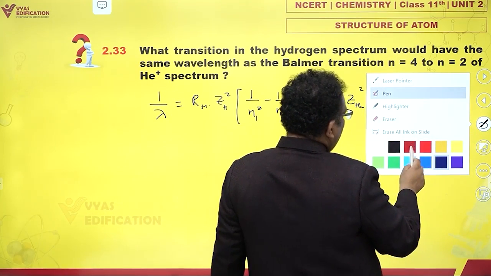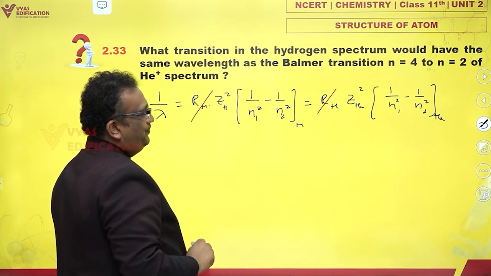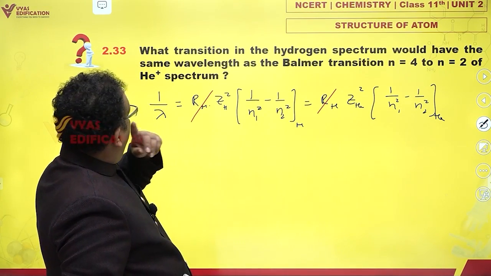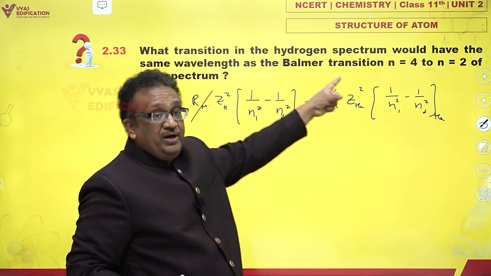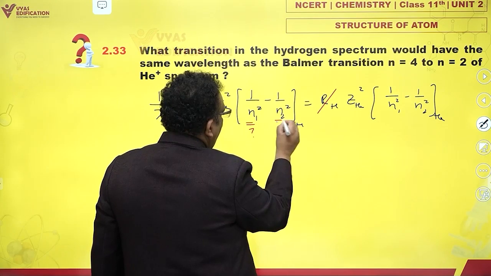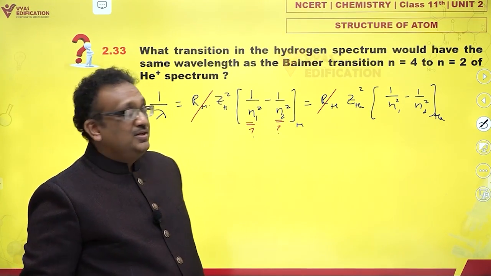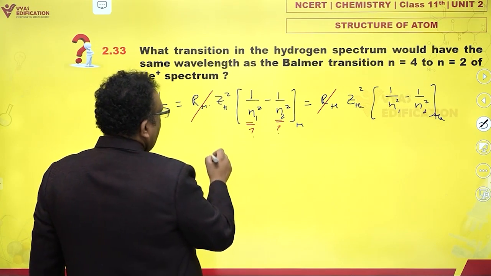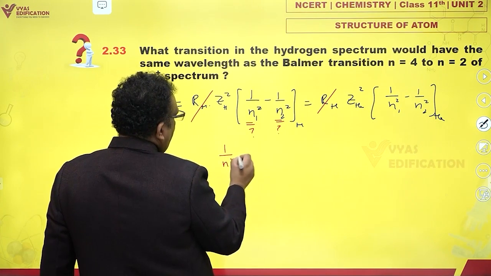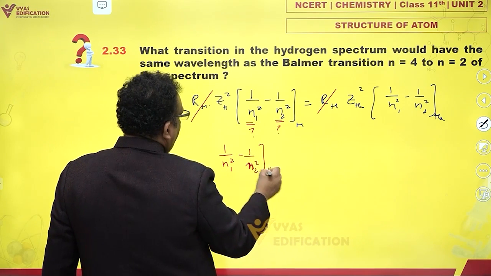Yes, beautifully things cancel out. Rydberg's constant gets cancelled. And what transition in hydrogen spectrum? So essentially, I am asked N1 and N2. This is what is being asked. Now ZH is 1. So 1 upon N1 square minus 1 upon N2 square in case of hydrogen.